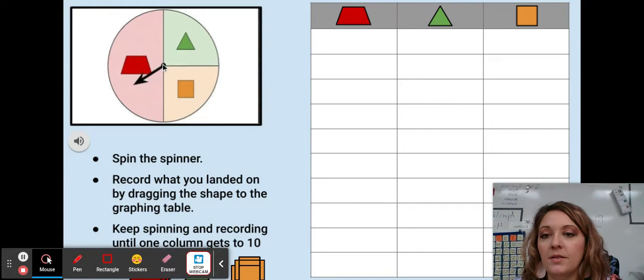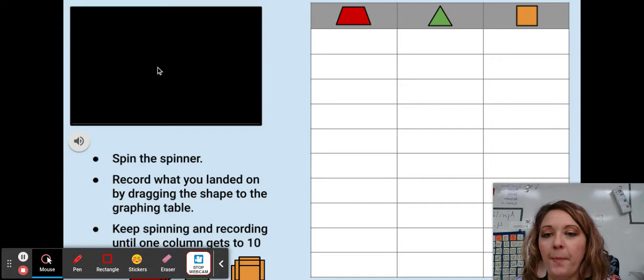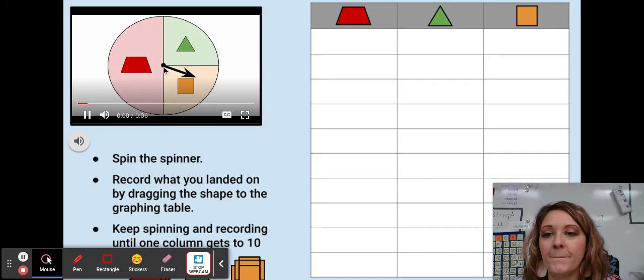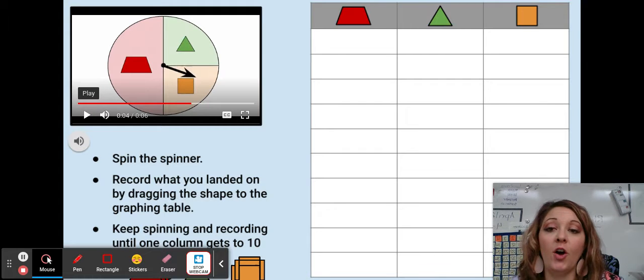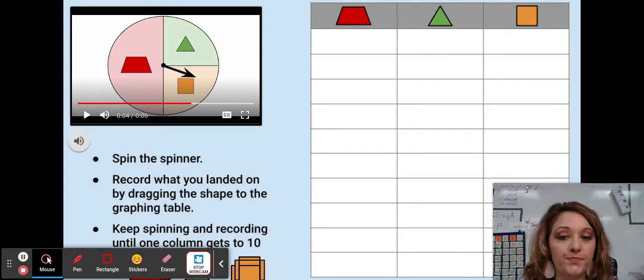Okay, so let's click on my spinner. And pause it. Okay, and landed on an orange square.